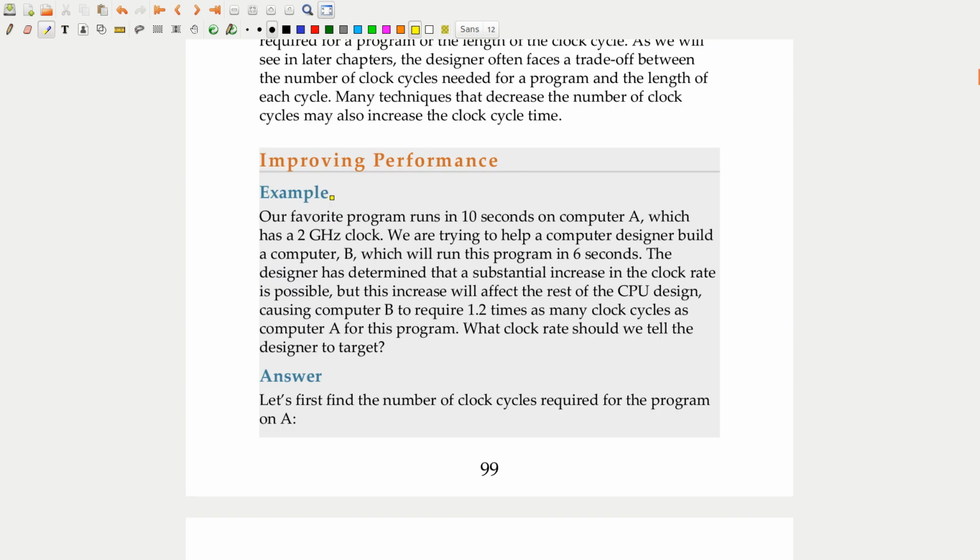So here we have an example, and it says our favorite program runs in 10 seconds on a computer A, which has a 2 gigahertz clock. We are trying to help a computer designer build computer B, which will run the program in 6 seconds. Okay, so we want to improve the performance by 40%, right? So the designer has determined that a substantial increase in the clock rate is possible, but this increase will affect the rest of the CPU design, causing computer B to require 1.2 times as many clock cycles as computer A. What clock rate should we tell the designer to target?